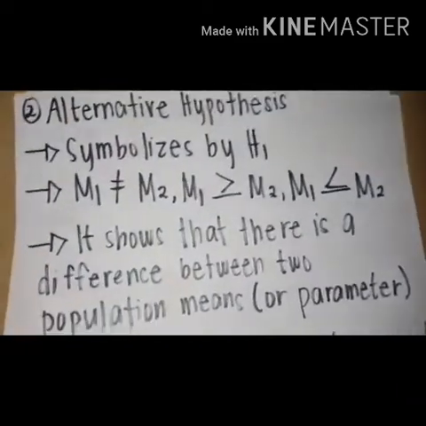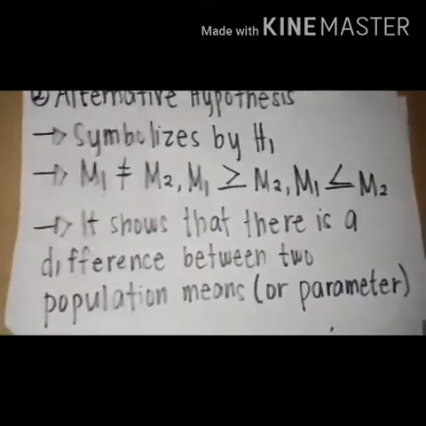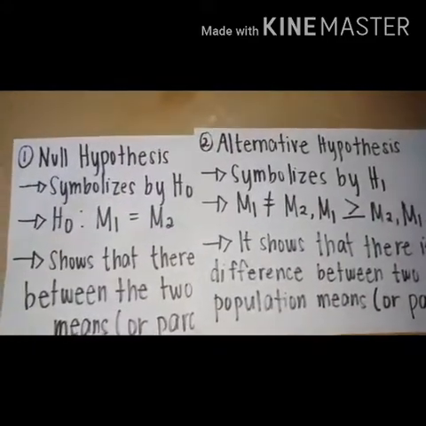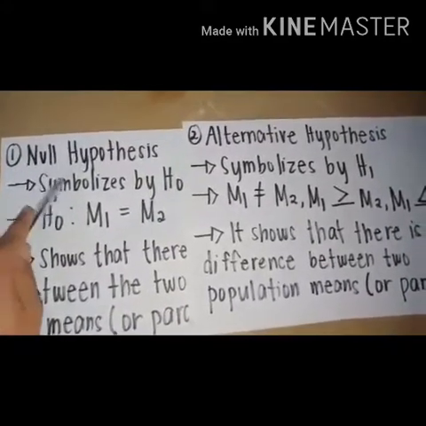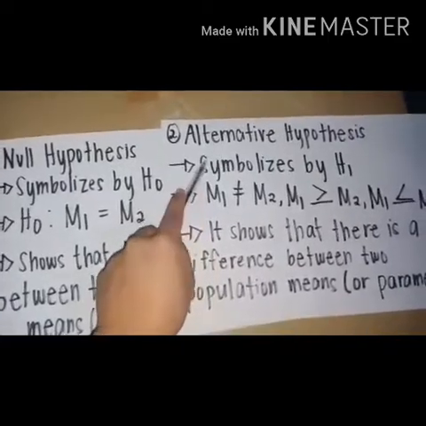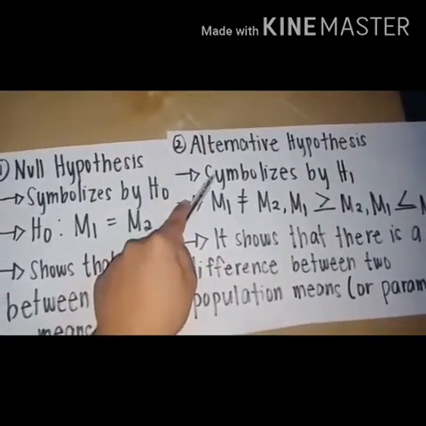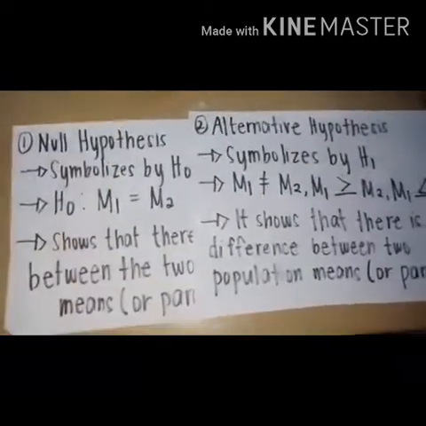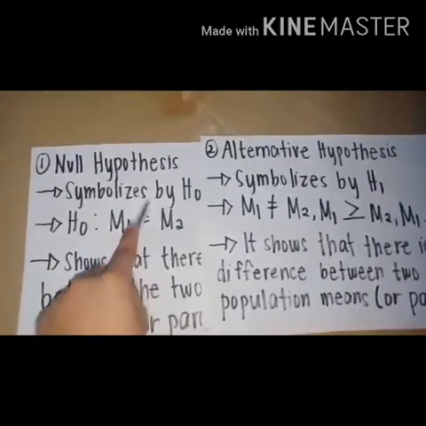So this shows that there is a difference between two population means or parameters. So kapag again, null hypothesis na-reject, ang alternative hypothesis ang ma-accept. If alternative hypothesis naman ang na-reject, null hypothesis naman ang ma-accept. So that is the difference between the null hypothesis and the alternative hypothesis.